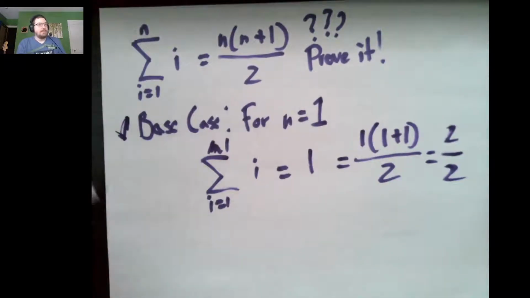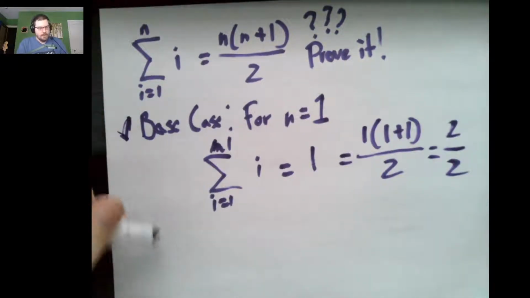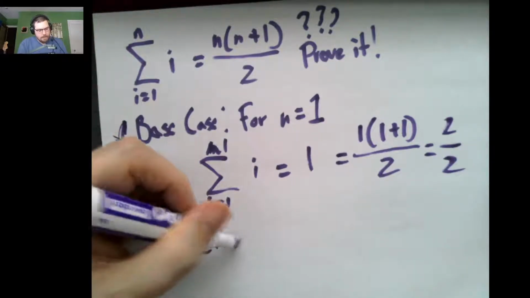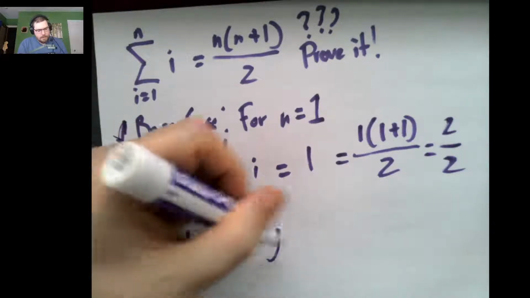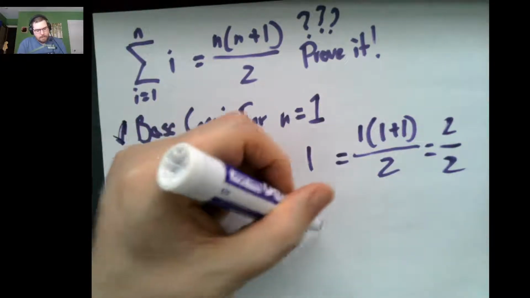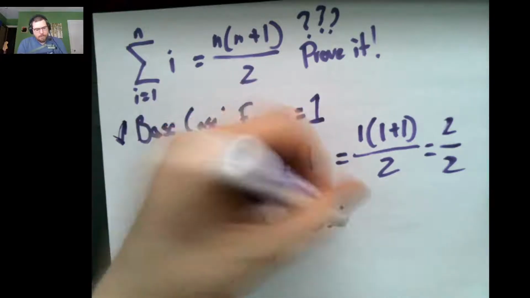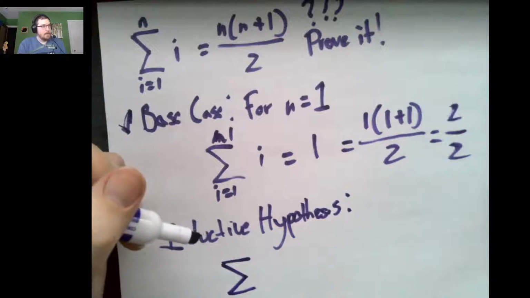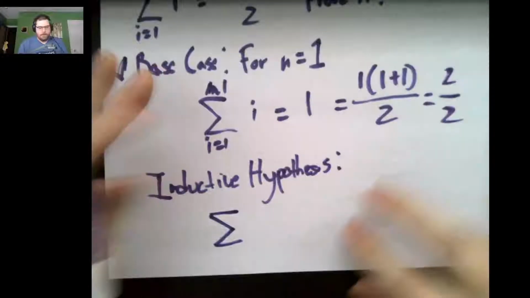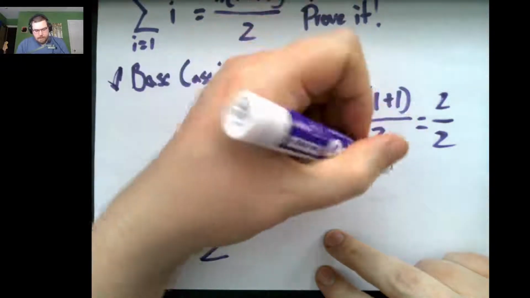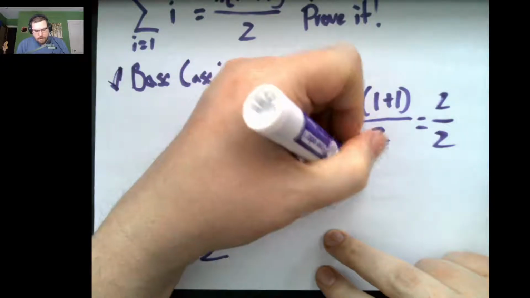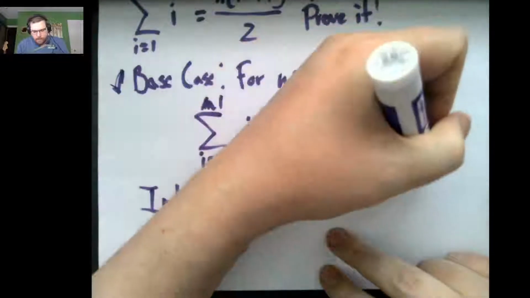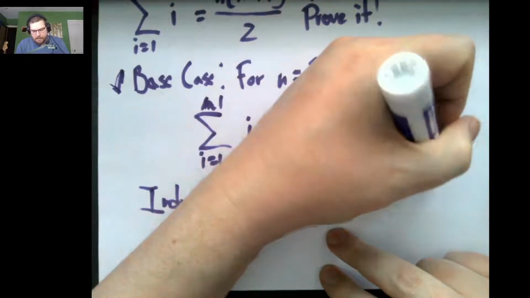Cool. So then we're going to do the inductive hypothesis. We're going to say, assume for k, we're just going to pick k.